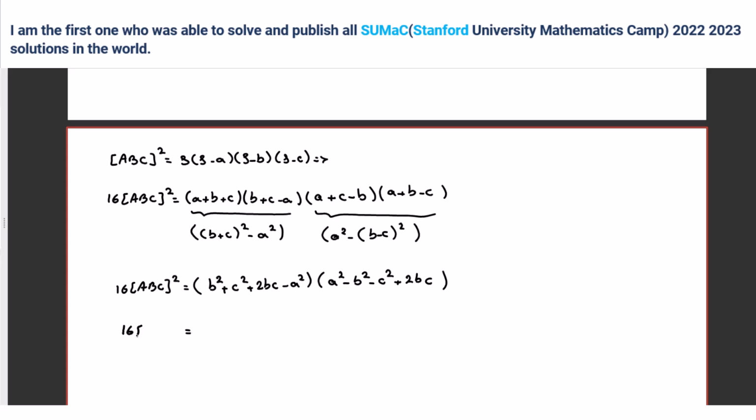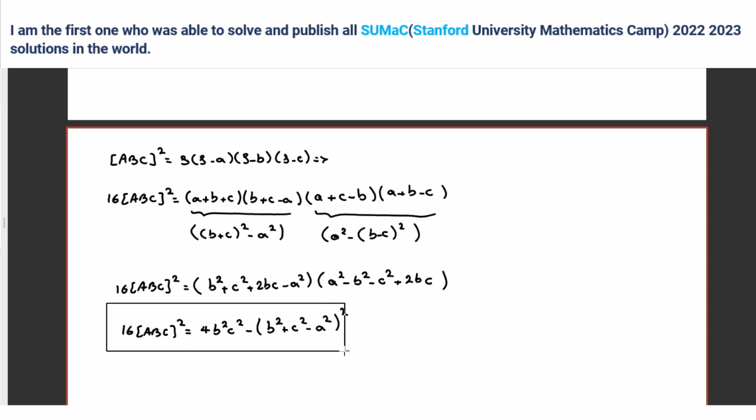Then 16 times area of ABC squared is what squared minus what squared? 2BC squared, so 4B squared C squared minus parentheses, no, B squared plus C squared minus A squared, squared. Exactly. So look, if you have this formula, if you have square roots, we can calculate the area easily, right? Yeah. So memorize this.